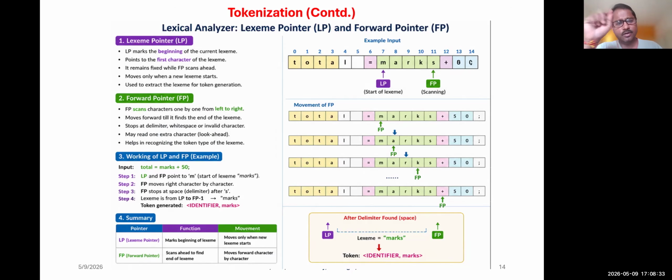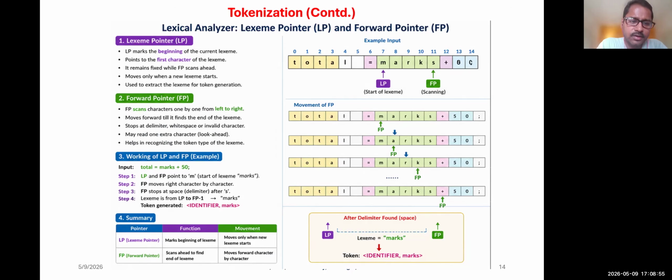Sir, okay, the token is identified, the lexeme is identified. You said that any sequence of characters between the lexeme pointer and the forward pointer is considered as a lexeme. Okay, sir, we understood that. Fine.